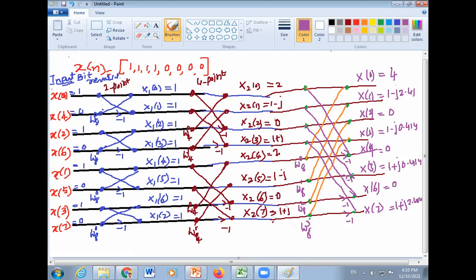So this is the way we calculate the DFT of the given sequence with the help of the DIT-FFT algorithm.